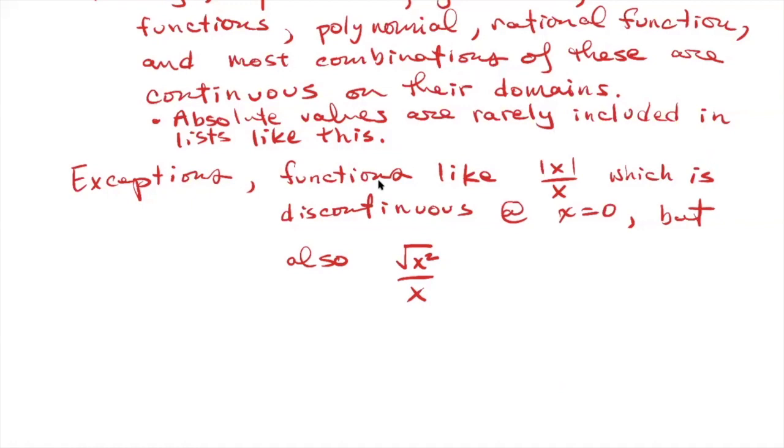There's no absolute value there. And the problem, as you know, is that the square root of x squared is just the absolute value of x.